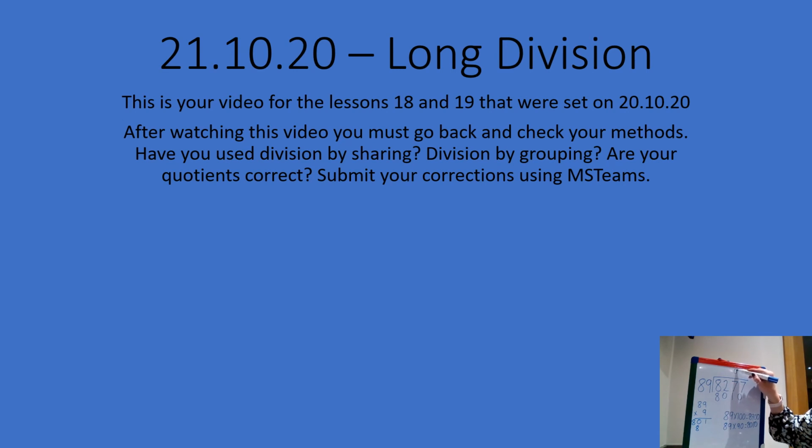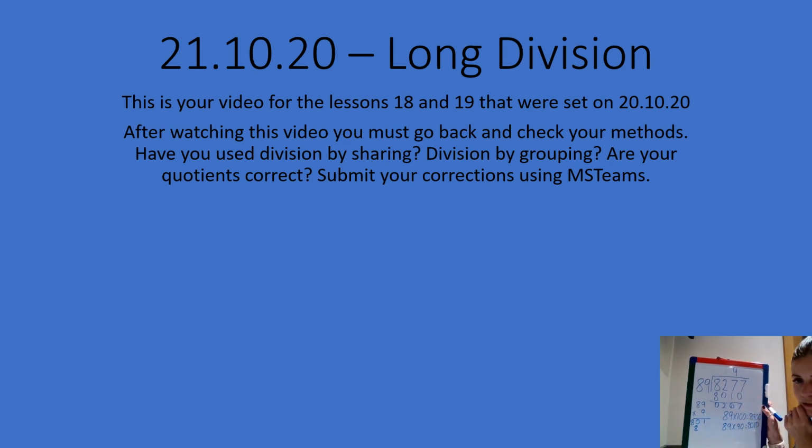So the first part of my quotient is going to go there. And then similar to our previous method, we're going to subtract to see what we've got left. So we've got 7 take away 0 is 7, 7 take away 1 is 6, 2 take away 0 is 2, and 8 take away 8 is 0. That's now left me with a dividend of 267.